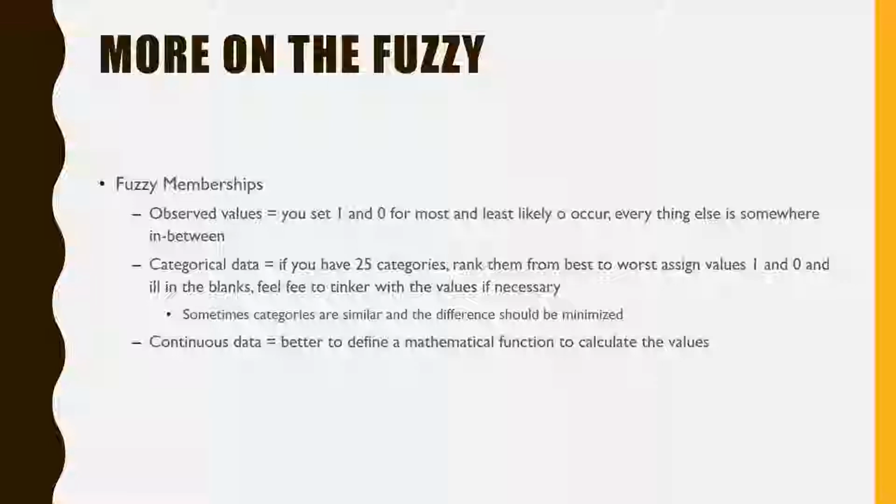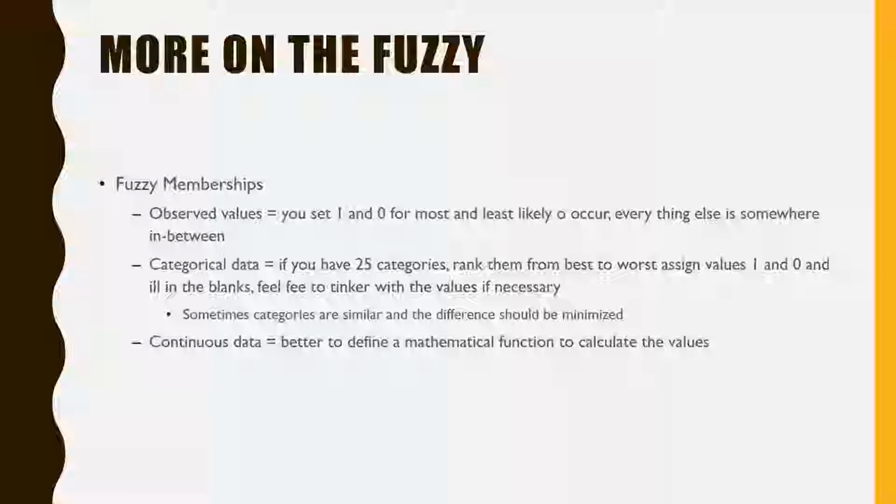In categorical data, if you have 25 categories, rank them from best to worst and assign values of 1 and 0 to either ends of the scale. What if it's somewhere in the middle? Well, you can rank those evenly between those two values, and maybe you want to put an exponential scale on that. You could do that in how you rank the data.